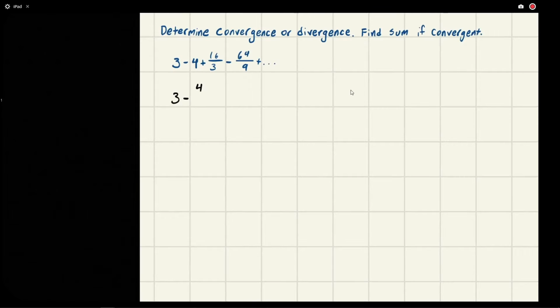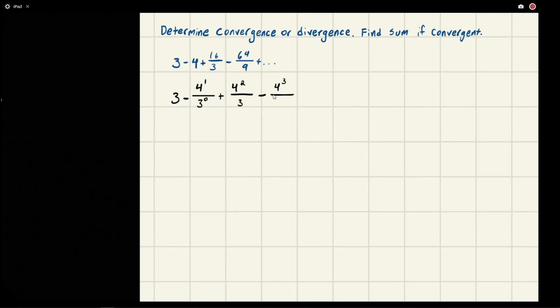So if I write this as 4 to the first, and then underneath, if this is really powers of 3 down here, then wouldn't it make sense that this is 3 to the 0? So this would be 3 to the 0, 4 to the first, 16 is 4 squared, and 64 is 4 cubed.